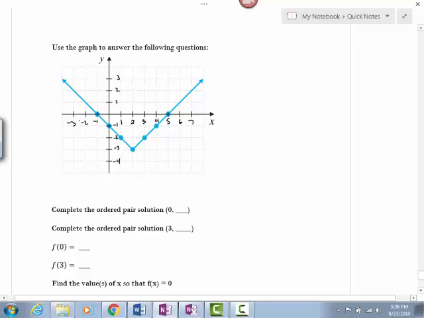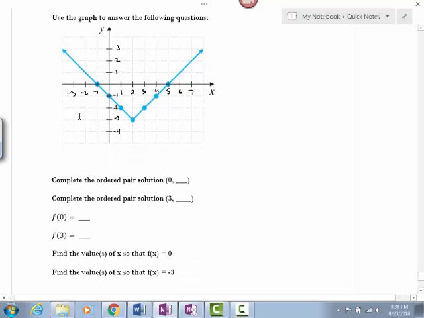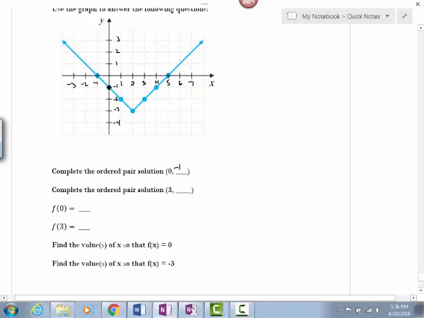Okay. So now, it says complete the ordered pair solution. When x is 0, what's y? Well, here's x is 0. If I want to hit my graph, I have to move down to the number we hit, -1. So when x is 0, the y number is -1.